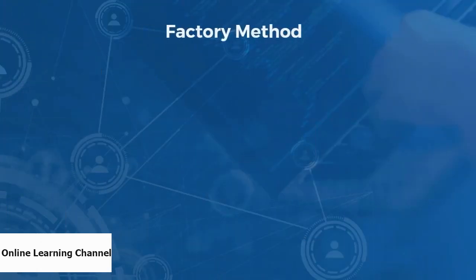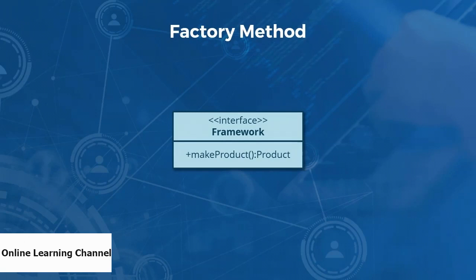Now, you may not want your clients to be exposed to details of how mobile phones and laptop objects are constructed. So, you'll set up an interface which is part of your framework, which contains the factory method makeProduct. This makeProduct interface will simply take in as an input argument the type of product whose object you want to instantiate, and it will return a product object of the right kind.